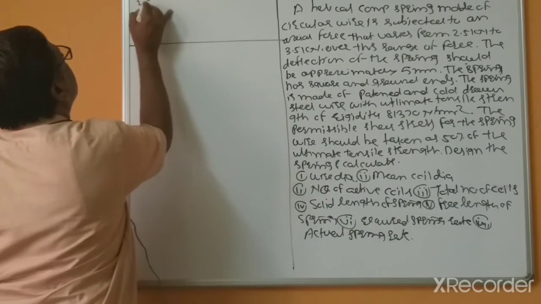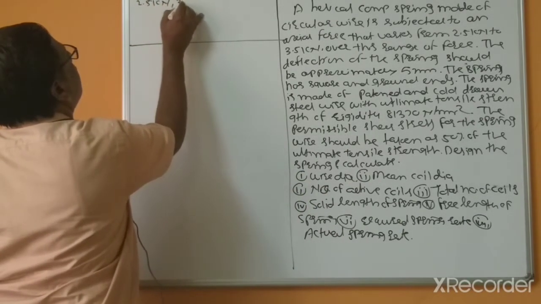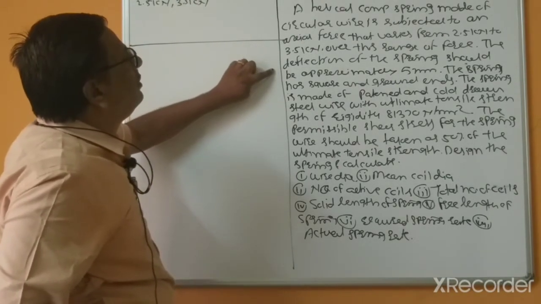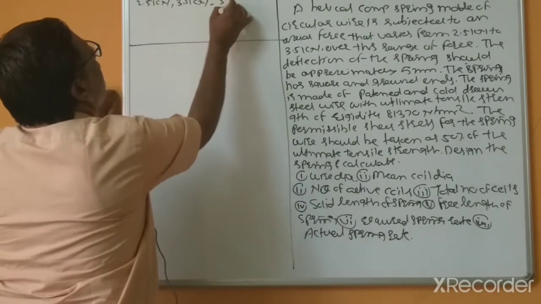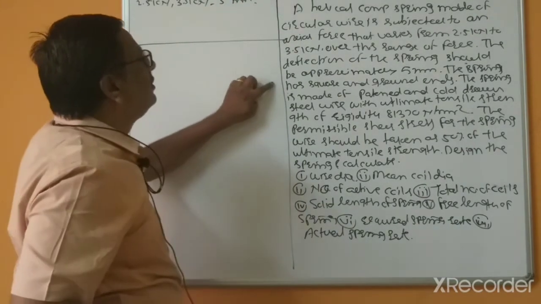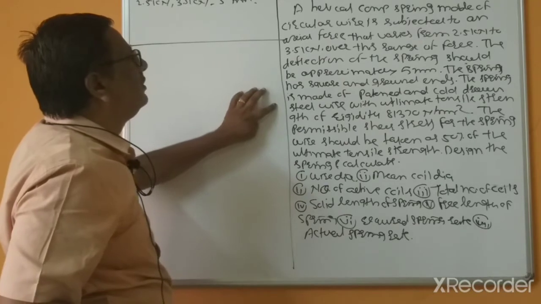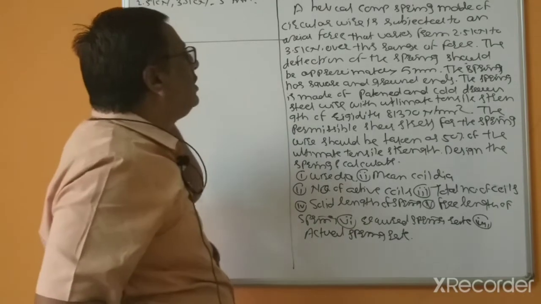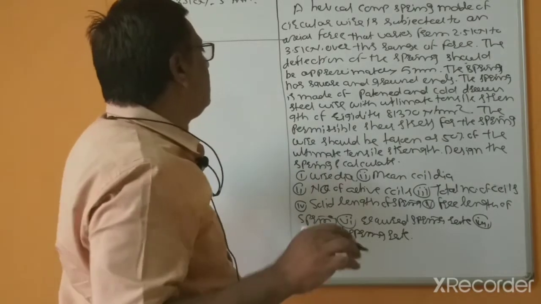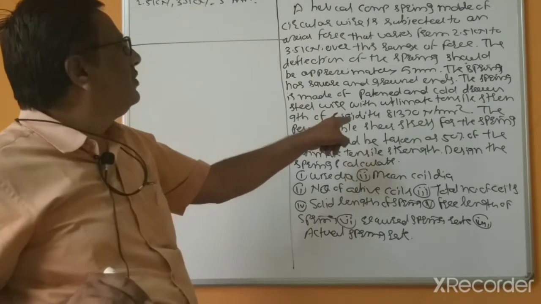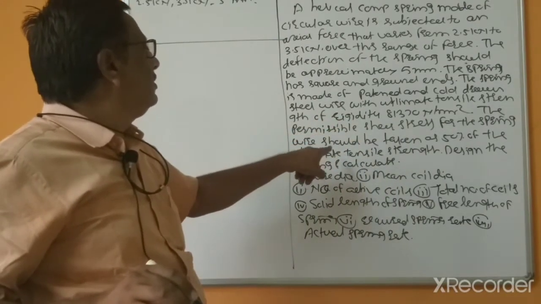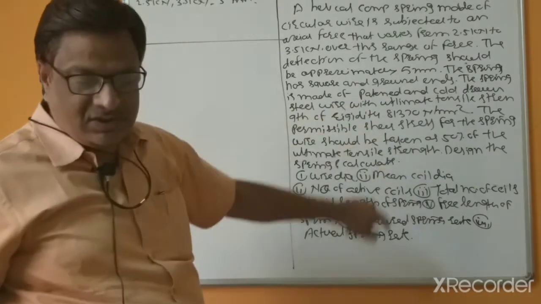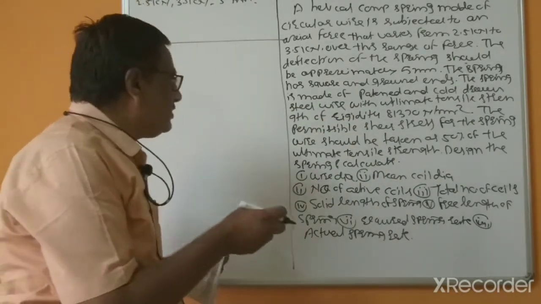2.5 kilonewton to 3.5 kilonewton. Deflections 5 mm, square and ground ends. With ultimate tensile strength and modulus of rigidity. This is ultimate tensile strength, this is the rigidity, means one line may be missing.